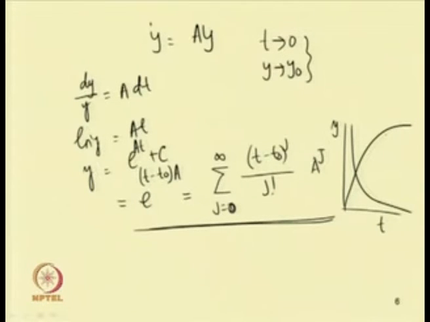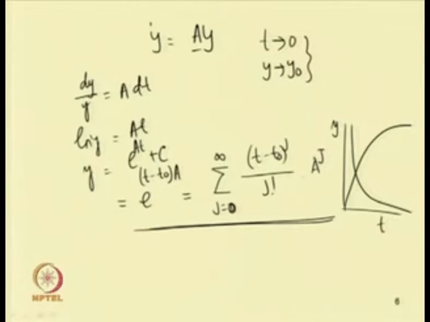So to get a stable solution, the real part of the eigenvalue of A should be negative. Now we obtain the solution y equal to e to the power (t minus t0) A, which is equal to the sum from j equal to 0 to infinity of (t minus t0) to the power j by j factorial into A to the power j.